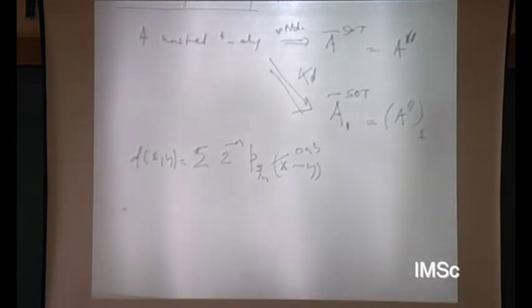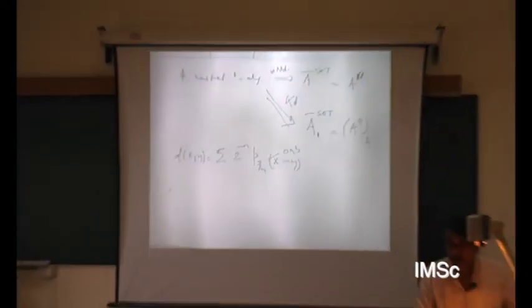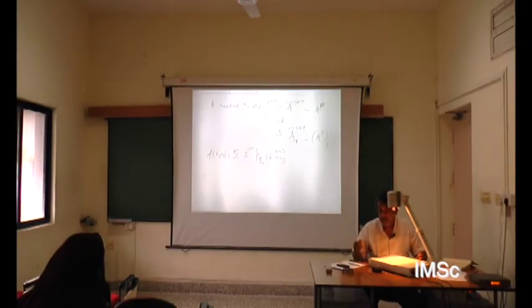It will show that anything in A double prime can be approximated in the strong operator topology by a sequence of approximants, each of norm less than or equal to the norm of that limiting thing. If the norm of x is less than or equal to 1, you can find a sequence x_n in A so that x_n converges SOT to x, and the norm of x_n is less than or equal to the norm of x for all n. Okay.